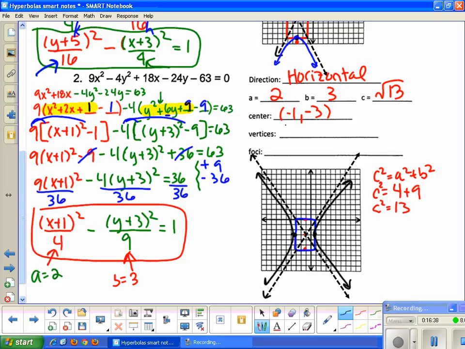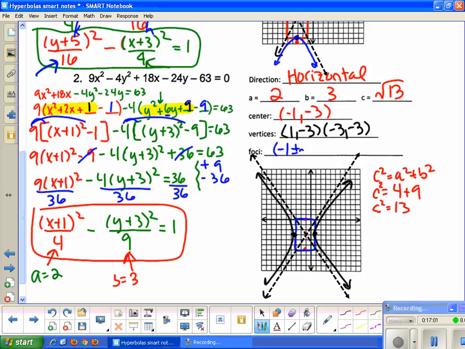So let's write down those vertices first. So we have 1 and -3, because that was here. And then this one right here gave us -3, -3. And then I know that the square root of 13 is my c value. So since I'm going left or right, I'm going to change my x coordinate of my center.